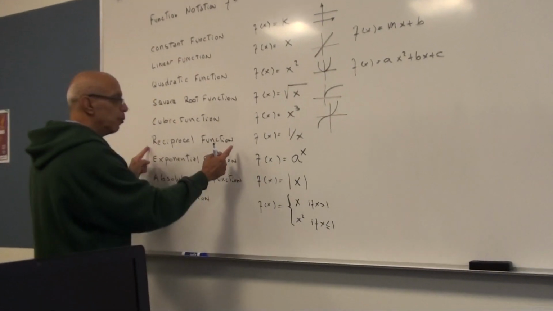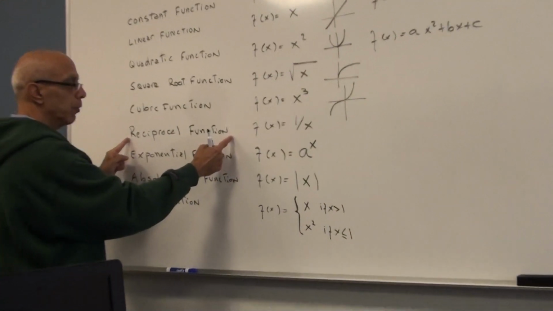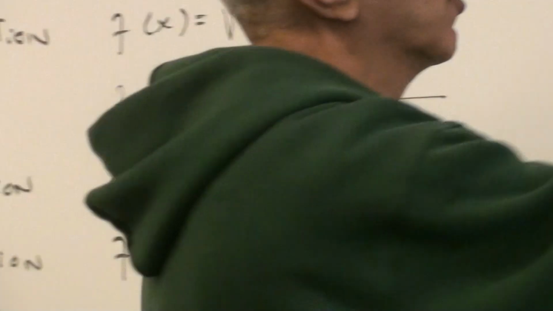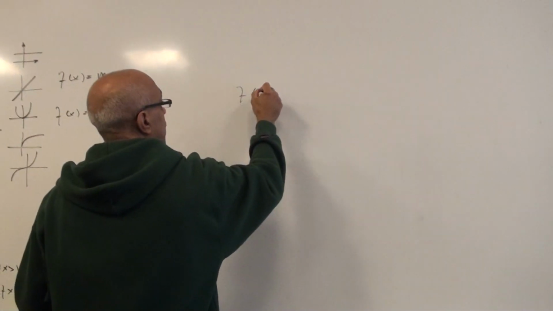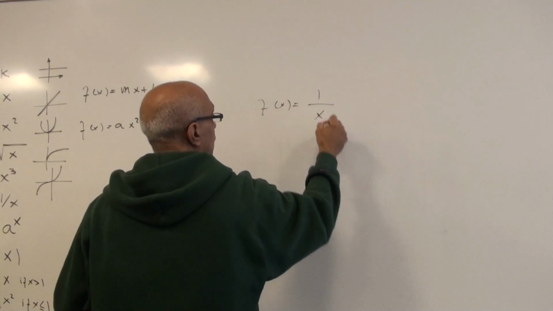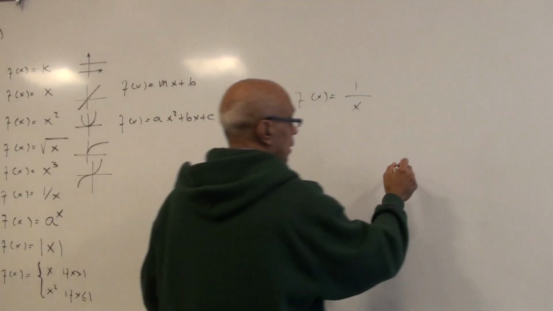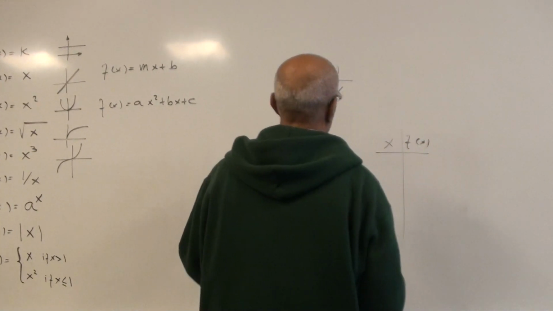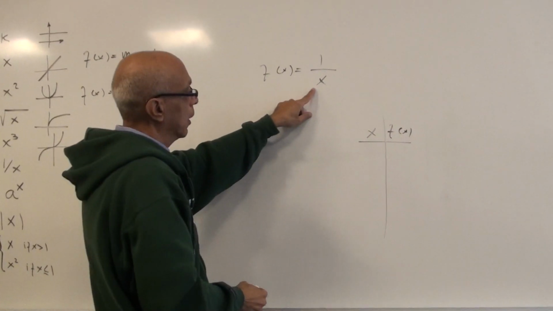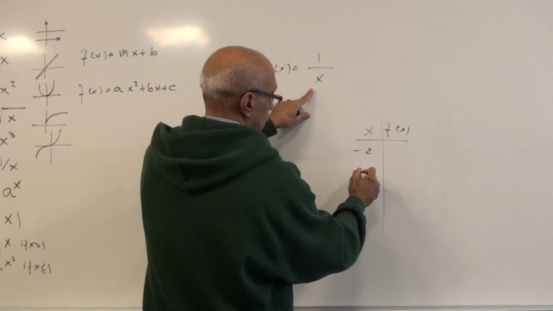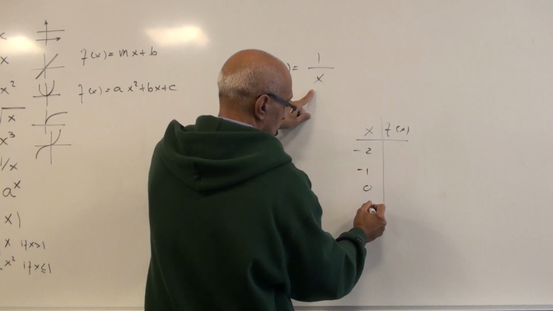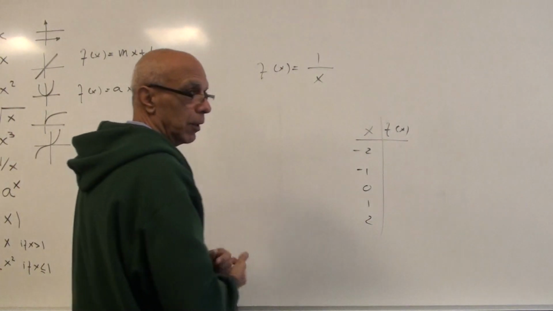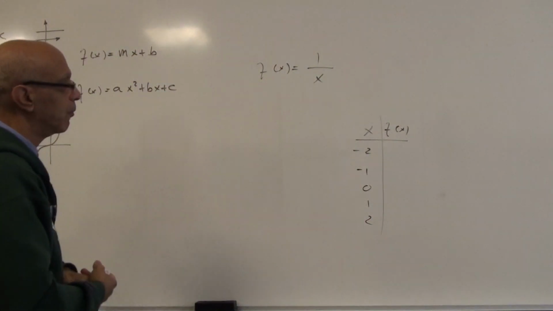Now, another important function we're going to review is called the reciprocal function. The reciprocal function looks like this, 1 over x, and again, table x, f of x. So let's start with maybe -2, -1, 0, 1, and then 2, and see what's going to happen, okay?